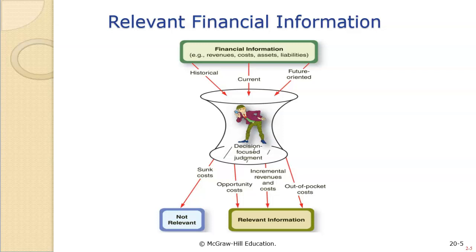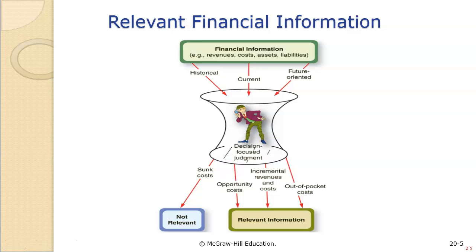You put all of that into the decision-making tank, and then you look at that data for the specific decision you have to make. Sunk costs spit out.